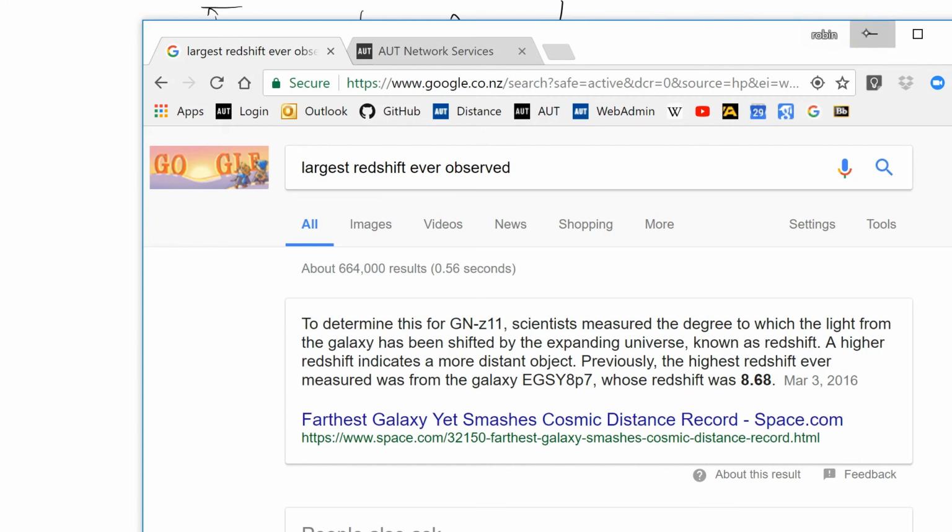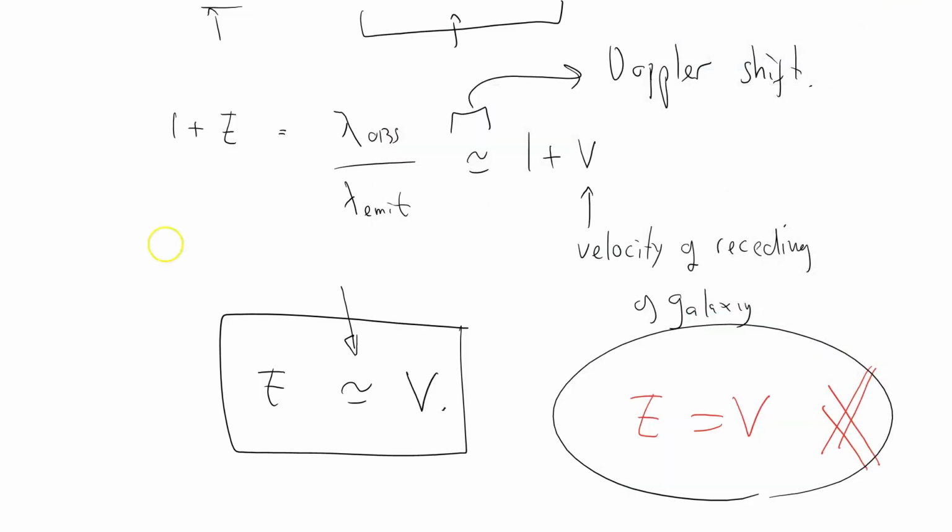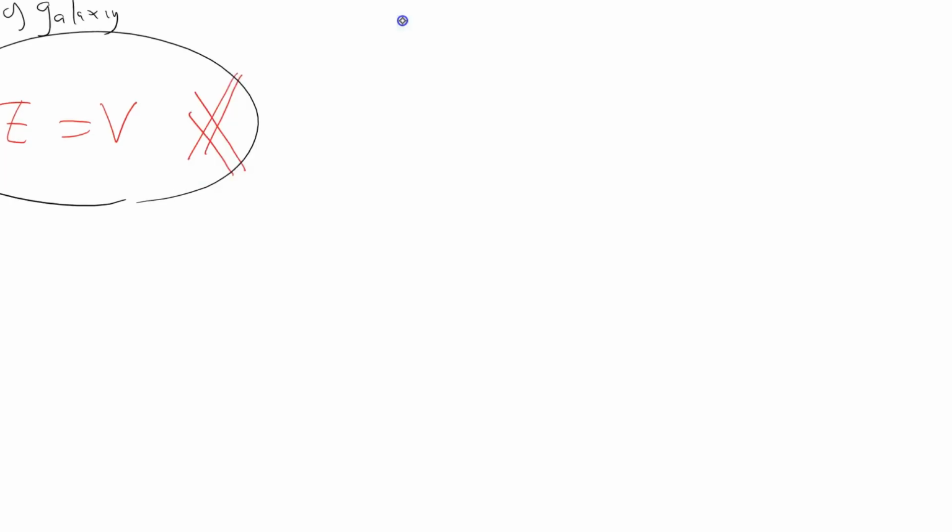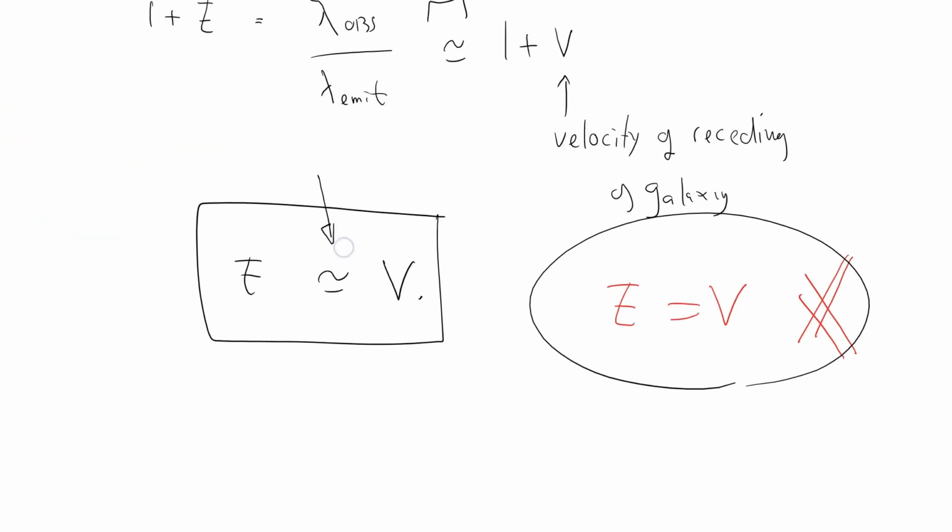These are normalized coordinates. Oh, here we go. So I guess you could say that z is approximately equal to v over c if I wanted to put the speed of light back in.